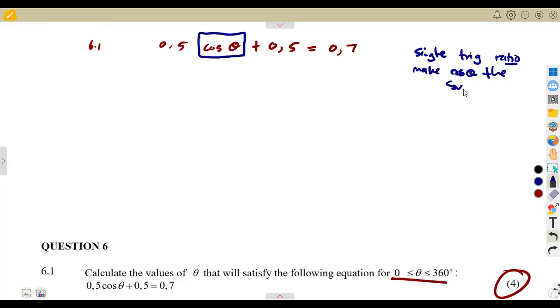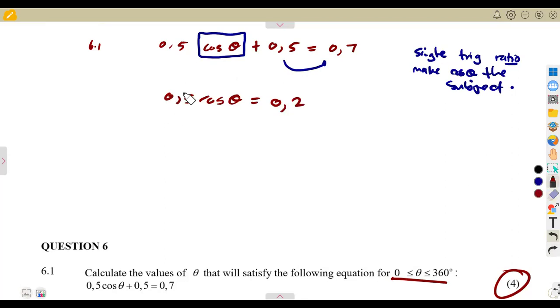That is the first thing. Let us make cos theta the subject of the formula. What is it that is affecting it? There's a 0.5 which is adding. We can transpose this to the right-hand side so that it becomes negative. So the cosine of theta is equal to 0.7 minus 0.5, which is 0.2.